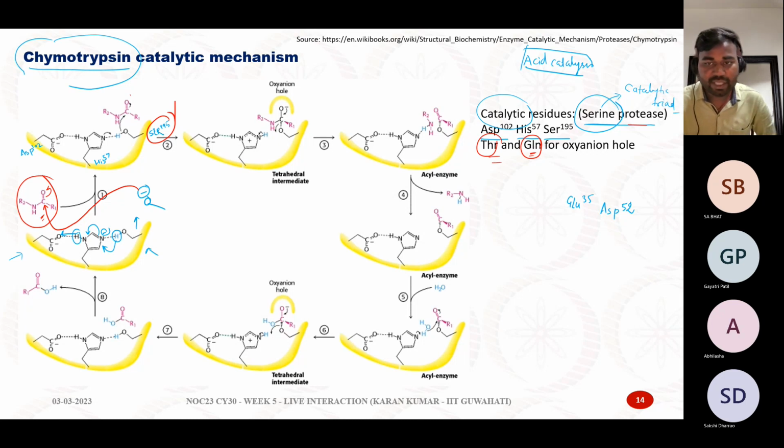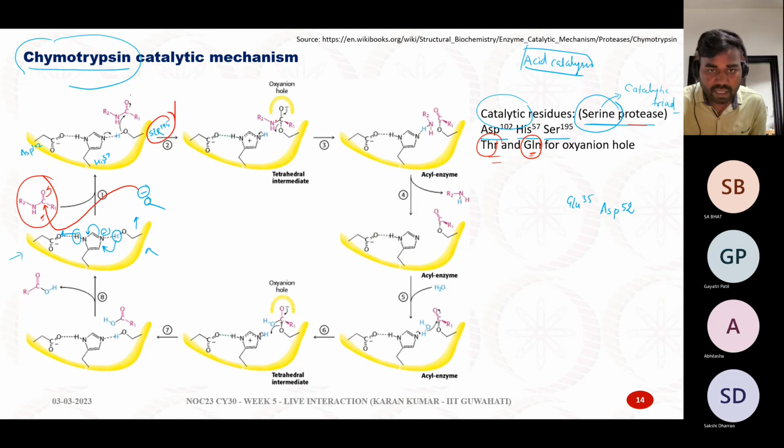So they will stabilize this negative charge until the hydrogen has been accepted by this, and this is containing the positive charge. Now again the rearrangement will happen, and this negative charge will come and make a double bond.